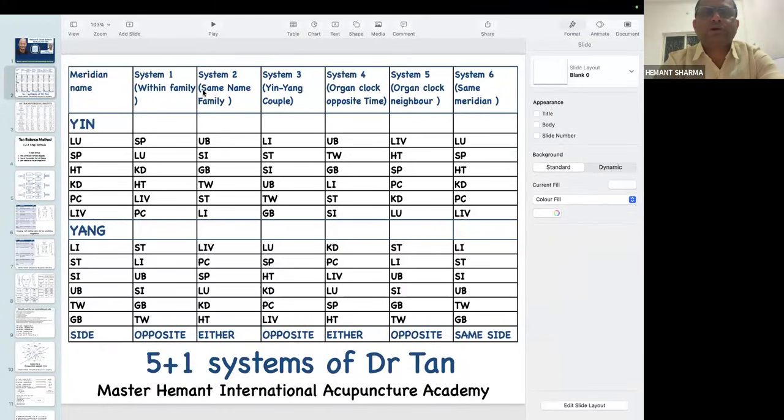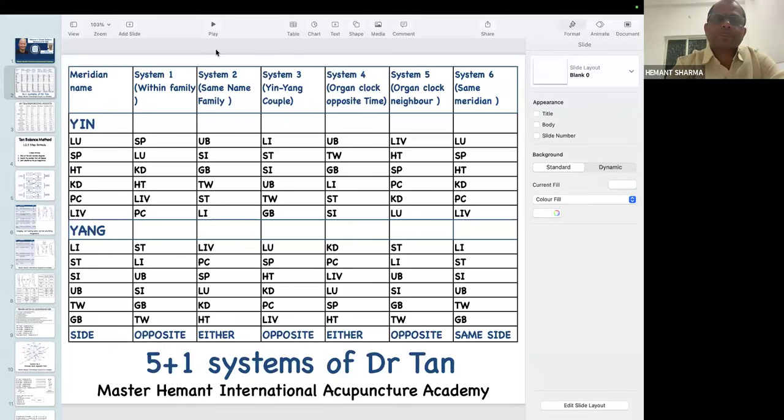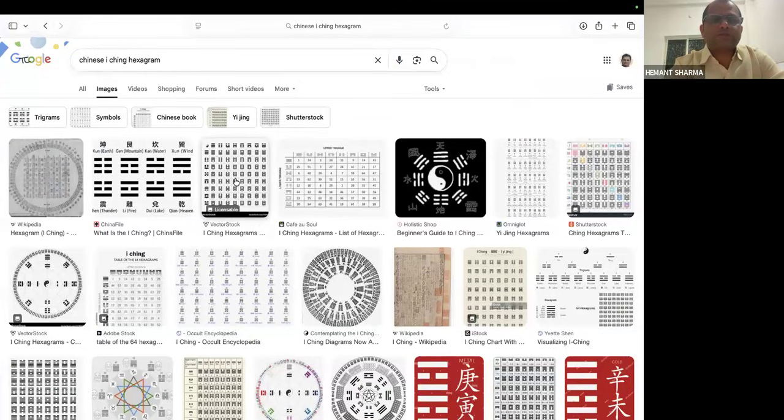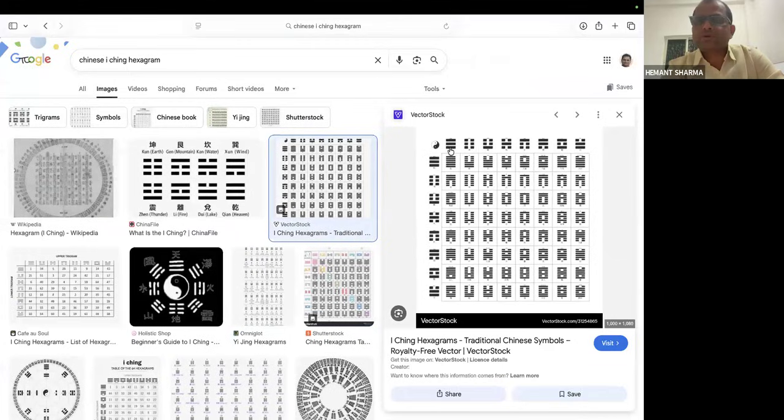So what are these systems 1, 2, 3, 4, 5, and 6? These all things come from the Chinese I Ching hexagram. अगर आपने चाइनीज हेक्साग्राम की इमेजेस देखी हो, look here. We can see energy has been explained in this way.